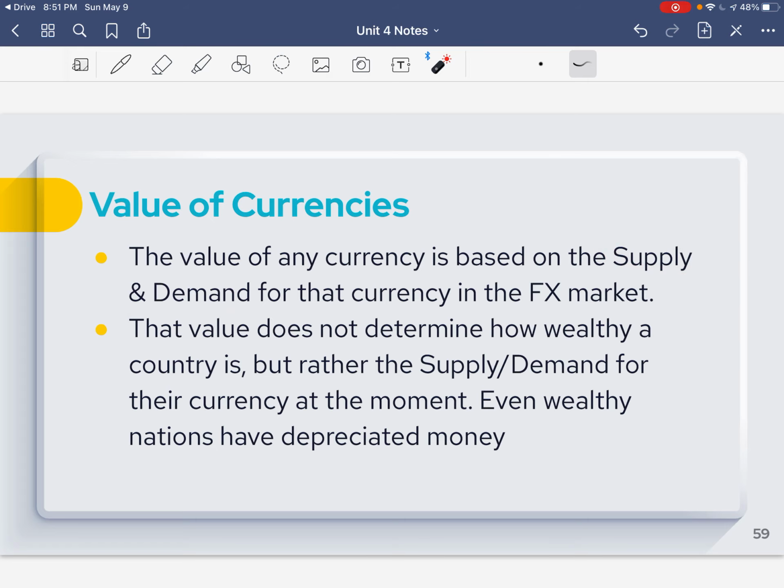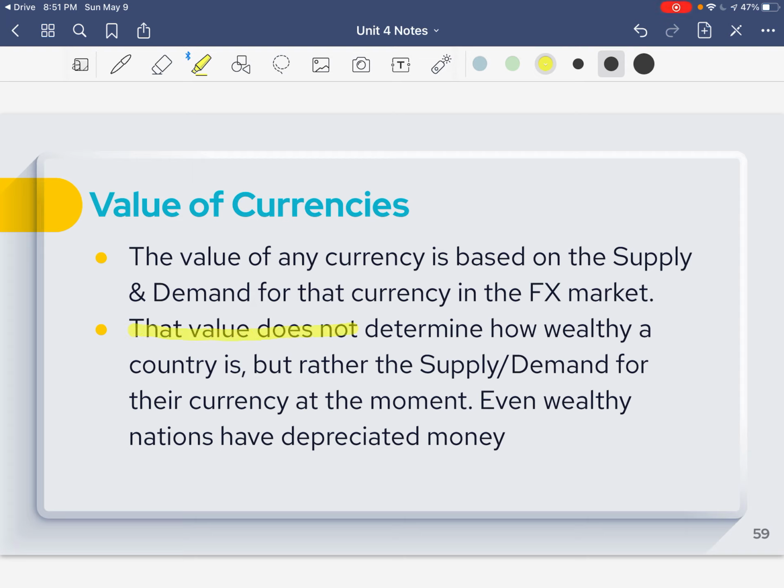If people aren't buying things from that country, then the demand for that currency goes down and it's going to be less important and depreciate. If people are buying lots of things from that country, the demand for that currency goes up. And if we move that along, move the demand curve up, then prices increase. So I want you to think about it this way, though, because we're not talking about how wealthy or rich a country is.